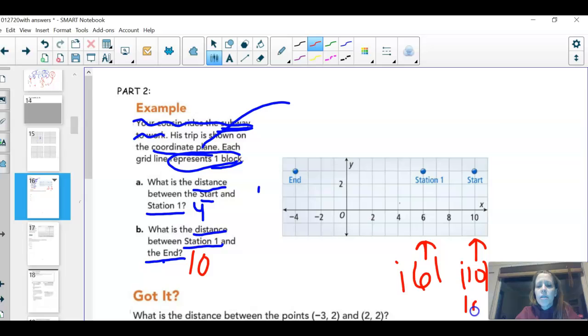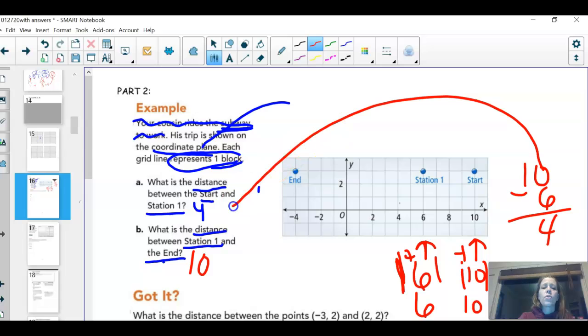Y yo tengo 10, lo siento, y 6. Because they're both positive, if they're both positive or both negative, I'm going to subtract them. Si los números son positivos o los dos son negativos, yo voy a quitarlos. Y 10 menos 6 es igual a 4. 10 minus 6 equals 4.